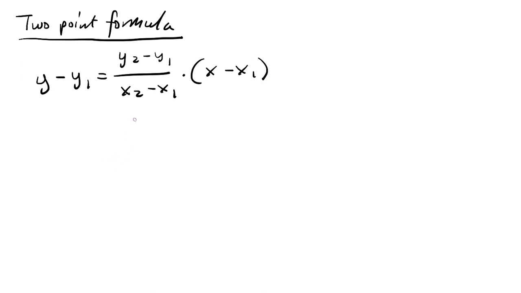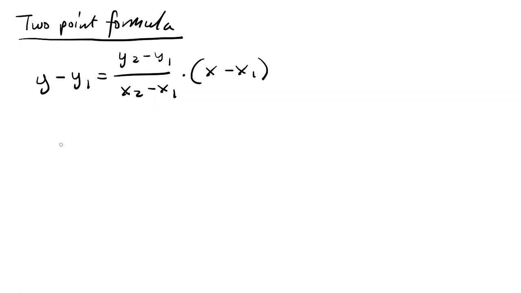And where does this formula come from? This is exactly the same formula as the 1-point formula, but where we have changed k for this, since this is the definition of k, or how you calculate k if you have 2 points on the line.